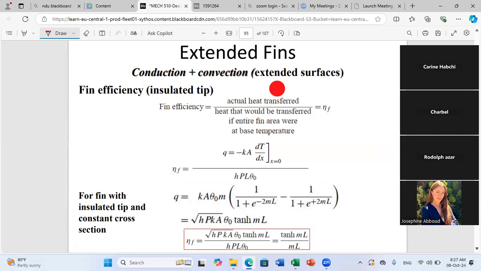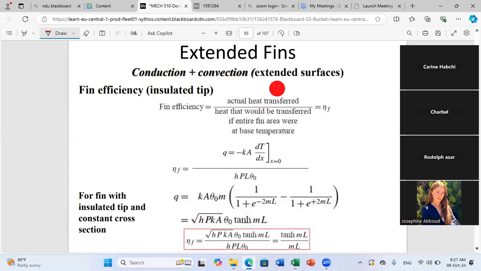Okay, so first, what do we mean by fin efficiency? We will consider now the case of insulated tip, because the total heat transfer will be through the lateral area of the fin, and we consider that at the tip no heat is lost. In case we have heat lost at the tip of the fin, we need to add it to the total heat lost by the fin.